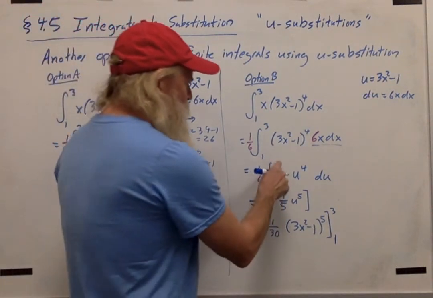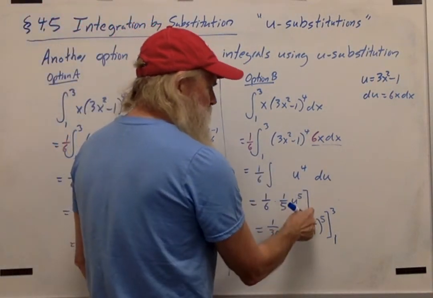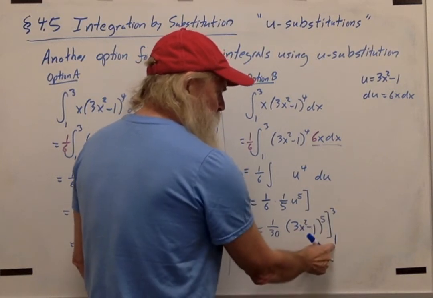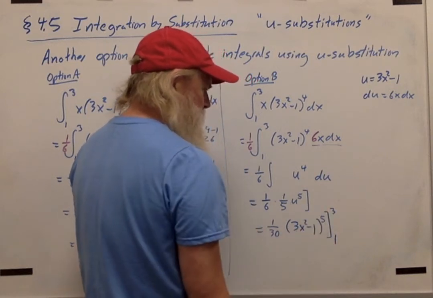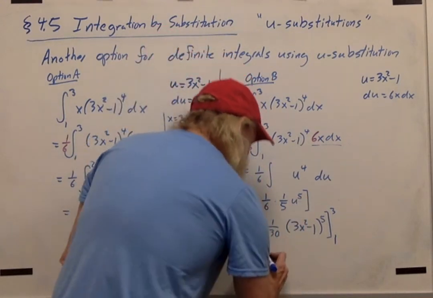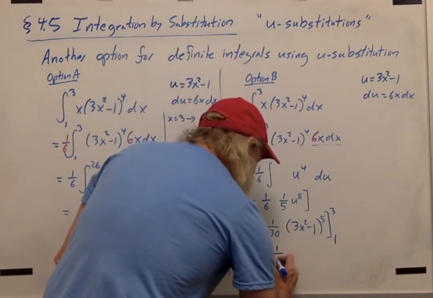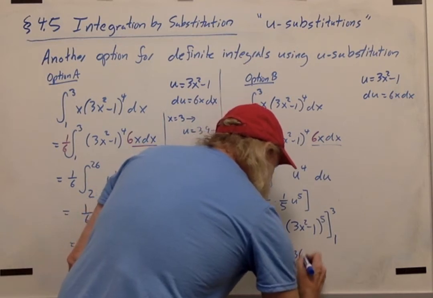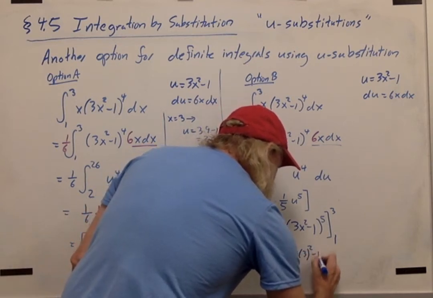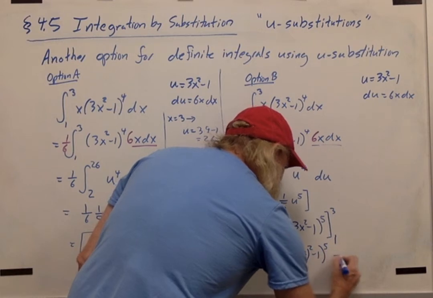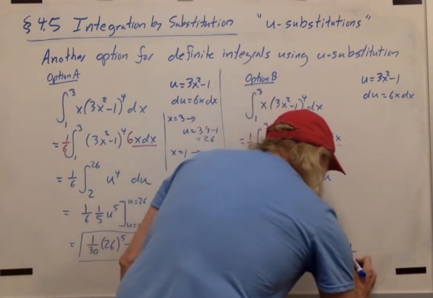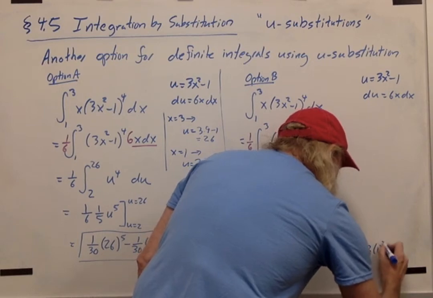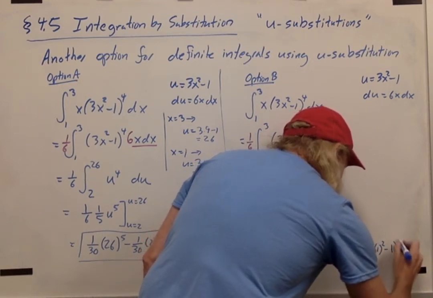So as long as I'm working with u's, I'm not putting the bounds on, but when I get back to x's, I can write that I'm going from x equals 1 to x equals 3. And now let's substitute in. I get 1/30 of (3 times 3 squared minus 1) to the 5th minus 1/30 of (3 times 1 squared minus 1) to the 5th.